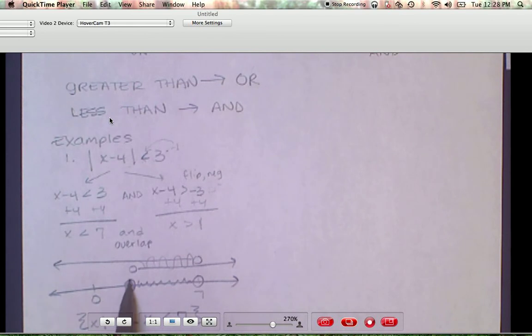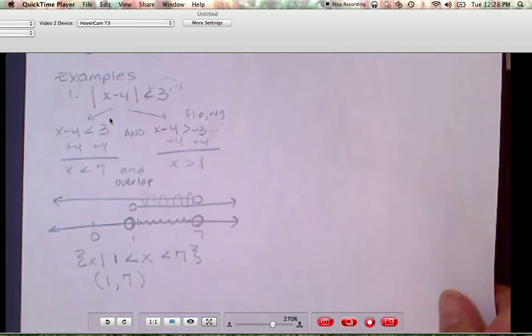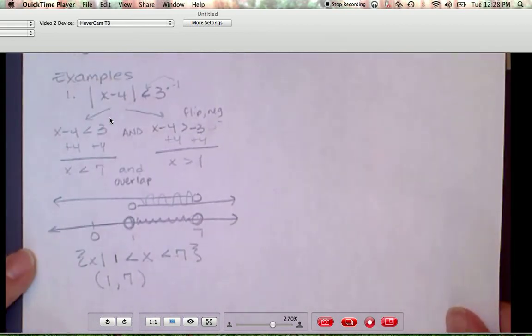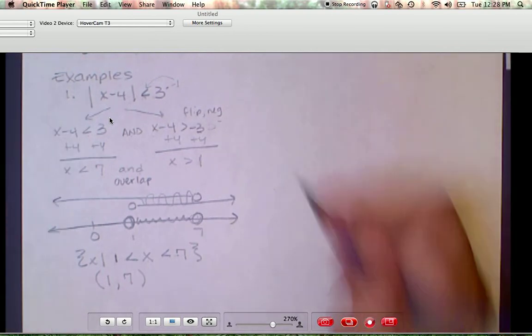And the open circle means that we use just less than, and no equal sign underneath. Now for your interval notation, we've got a soft bracket on 1 because the shading starts at 1, and a soft bracket on 7 because the shading ends at 7. Okay, so that's what we're working on here. This is an example.